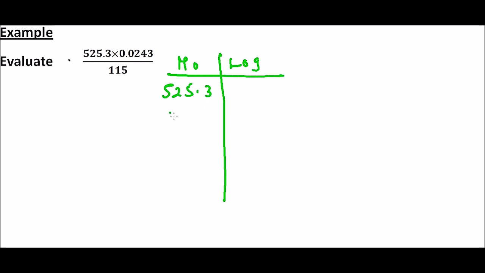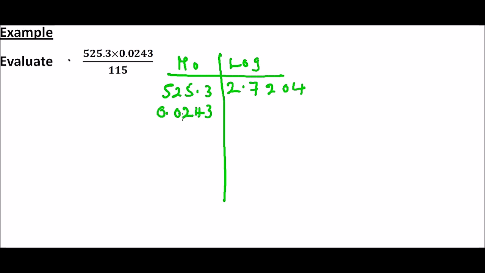Then we multiply by 0.0243. Now, the logarithm of this, first of all, we have 2, because we move the decimal 2 places to the left point. The logarithm of 5.253 is, we have 7.204.